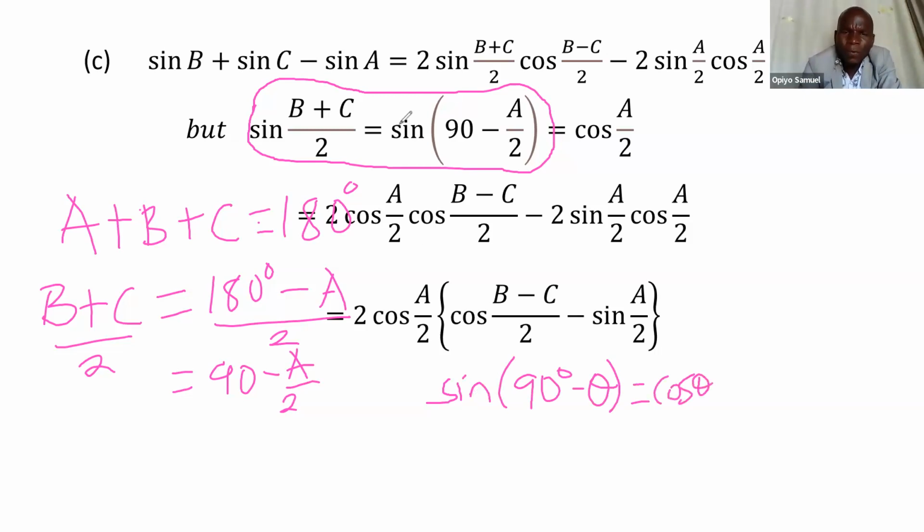That's why we have now moved from this part to this one here. That's how the cos A out of 2 has come about, using the relationship here and putting star.